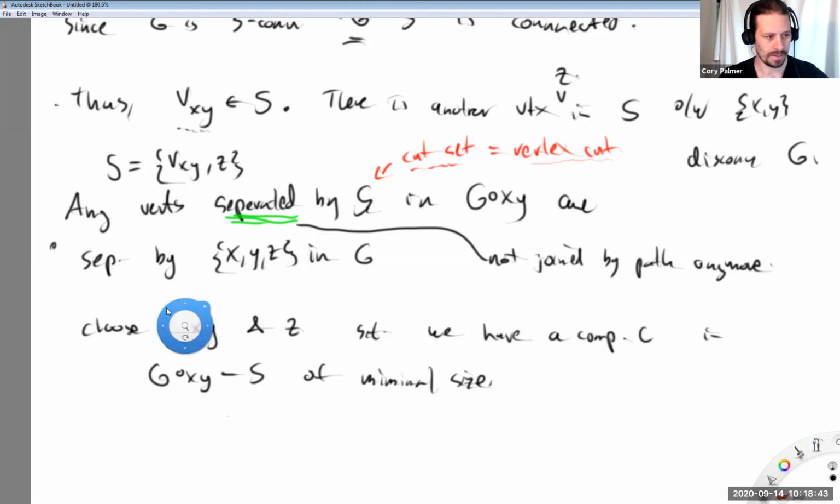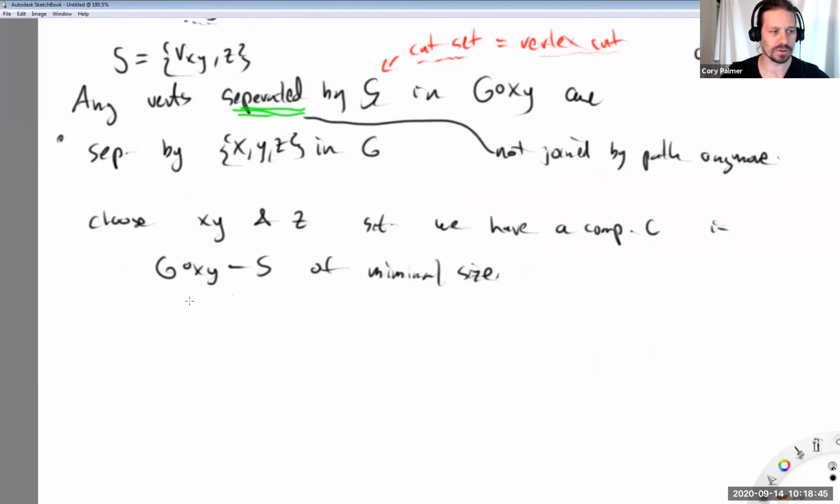We're going over a bunch of different graphs and a bunch of different edge and vertex removals, right? Every single way of choosing an edge, contracting it, and finding a vertex Z that disconnects it after removing VXY and Z. Each time you do that, it produces some components. Check across every single one of them and choose the X, Y, Z and C so that C is of minimal size across everything.